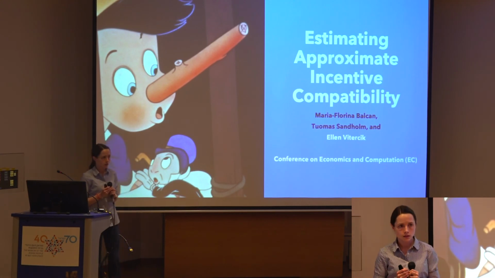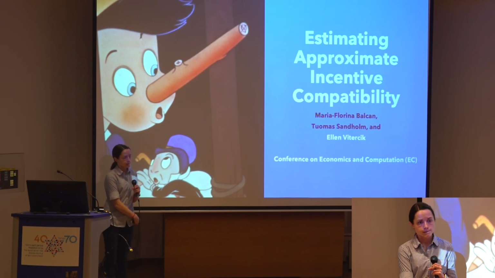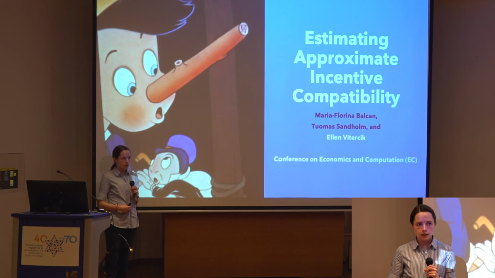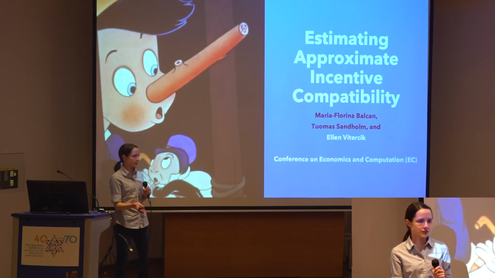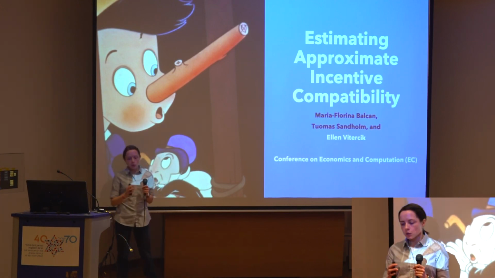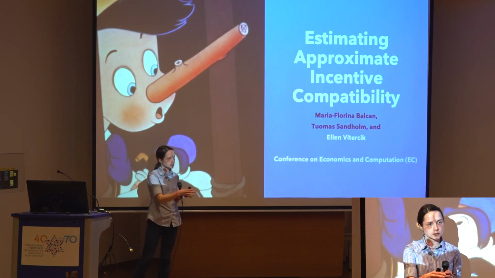I may ask an obvious question, but have you looked at non-uniform grids, where you can make the grid somewhat denser in more important areas? One thing that I didn't have time to talk about is that we look at two approaches for finding this finite subset to search over.